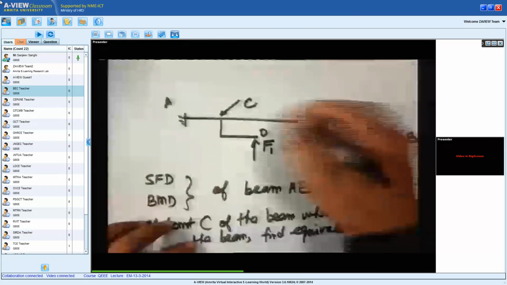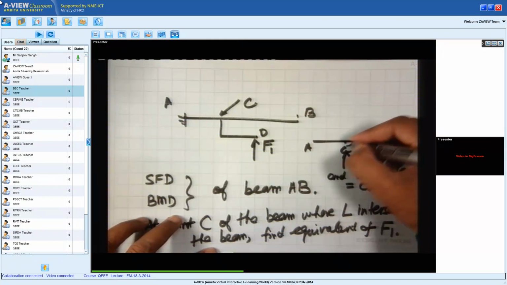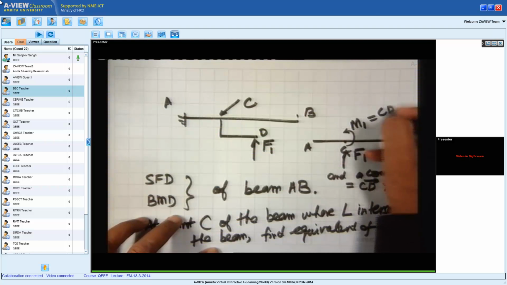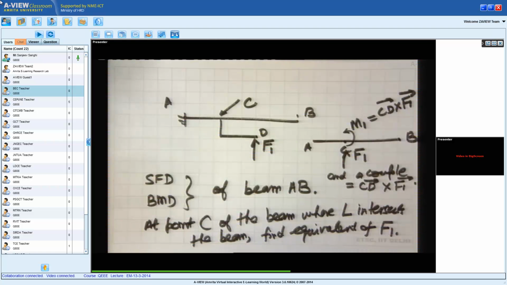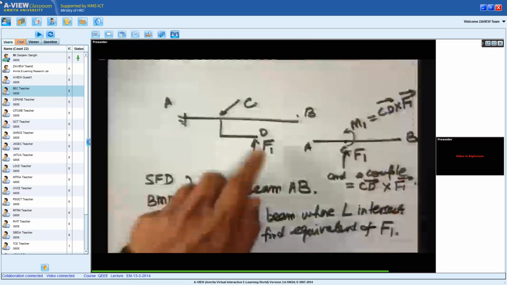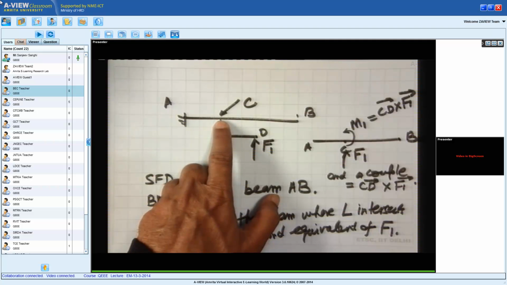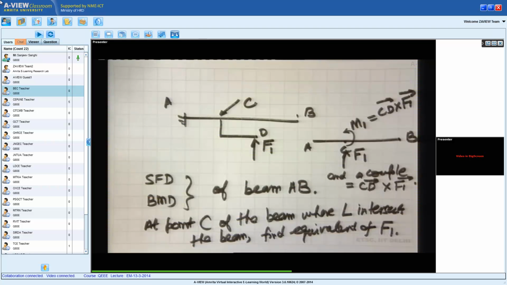So what I will get is a couple M1 here which is equal to CD cross F1. And this couple is now a concentrated couple which acts at point C as far as the beam AB goes.